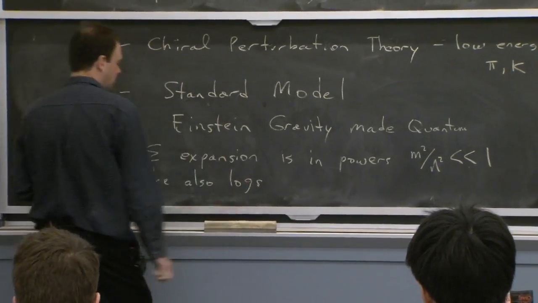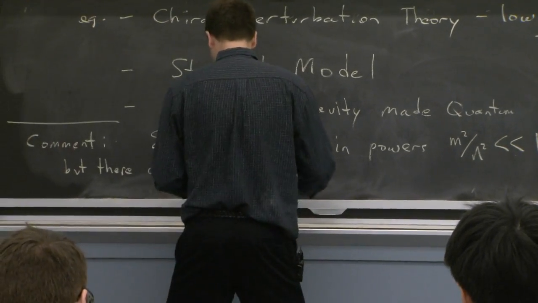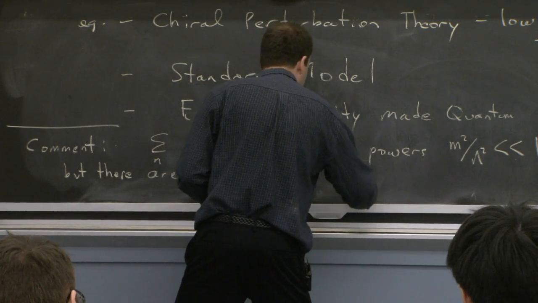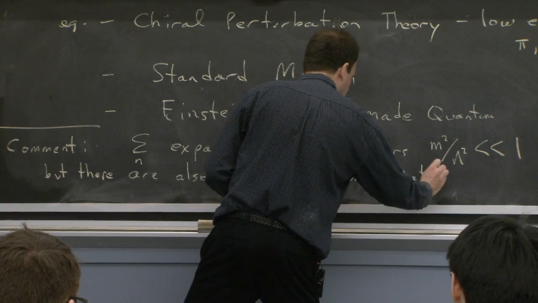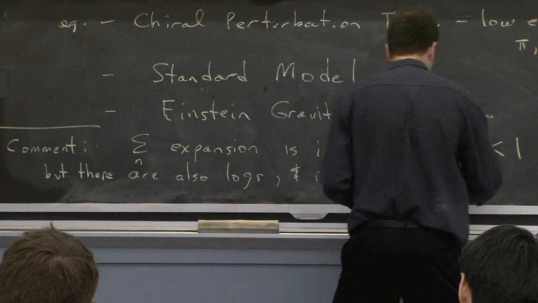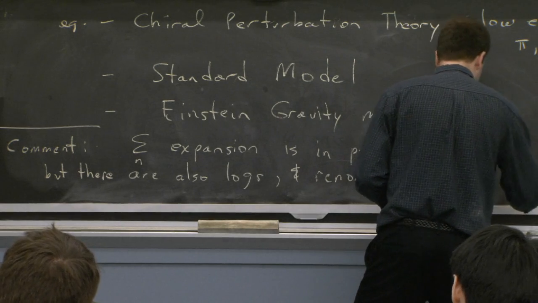So it's not always powers. There are also logs that show up. And this comment that I made about ultraviolet divergences in the low energy theory can actually help you to understand those logarithms.